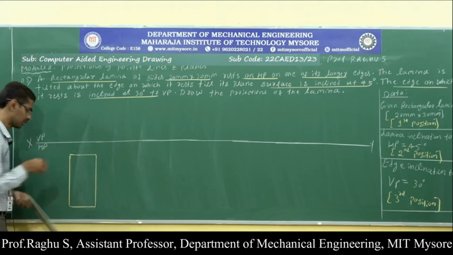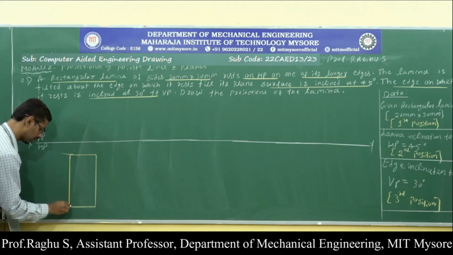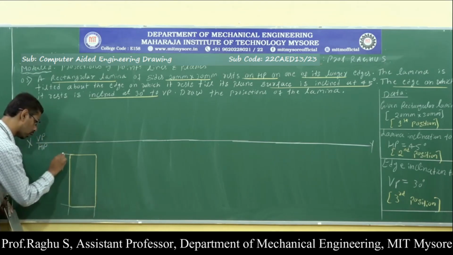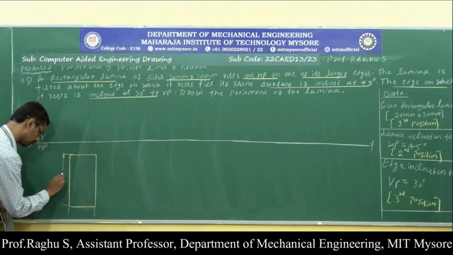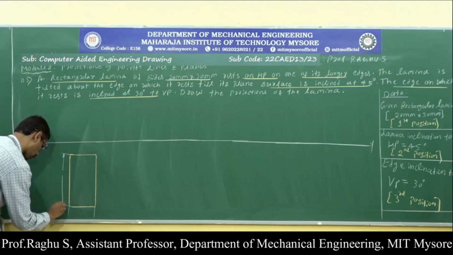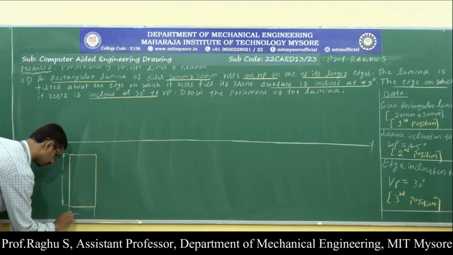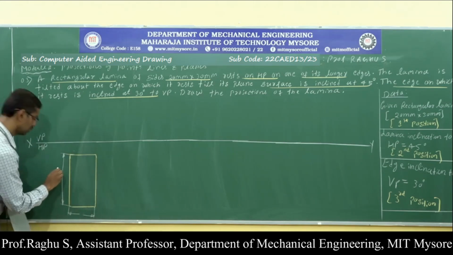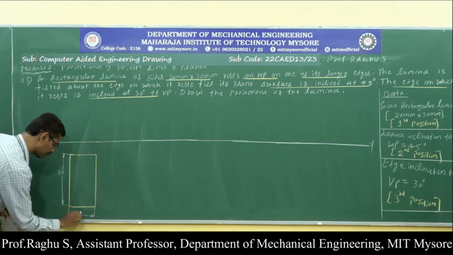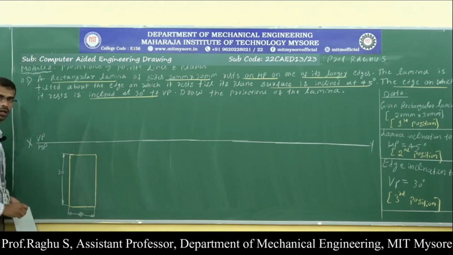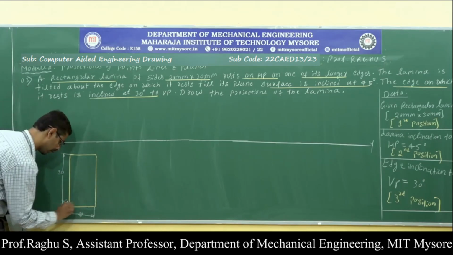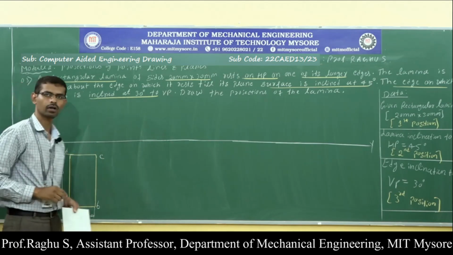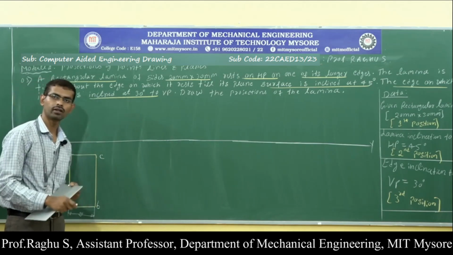Now indicate the dimensions. Just draw extension lines from the object. Next, draw the arrow marks. The longer edge dimension is 30, the shorter edge dimension is 20, and do the naming A, B, C and D. I have drawn the top view.